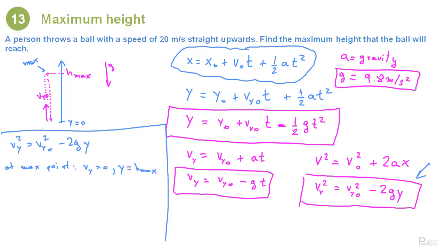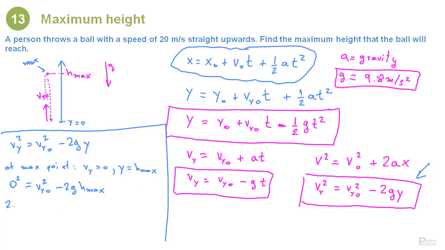So let us use these quantities and impose this condition in our formula. So the final velocity is 0, which square is 0. We have the initial velocity in y square minus 2 times g times y, which now is called h max. We can now solve this equation for h max. Let's pass this term to the left.